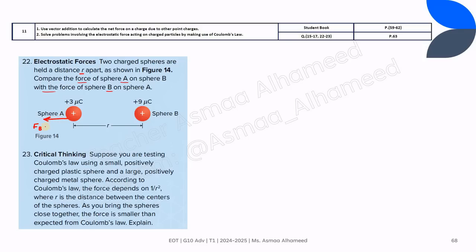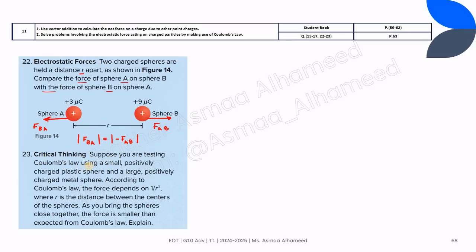Force B, that is affecting A, and this will also be repelled to the right by the force of A on B. But if we compare the magnitude, we will say FBA will be equal in magnitude but opposite in direction to the AB force.